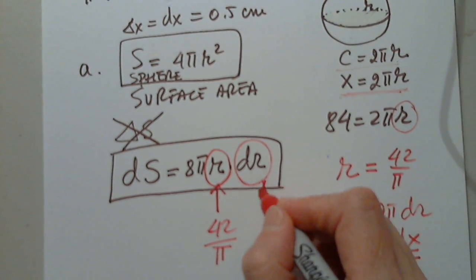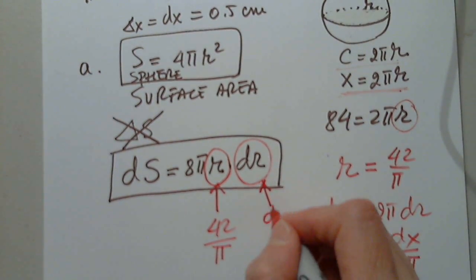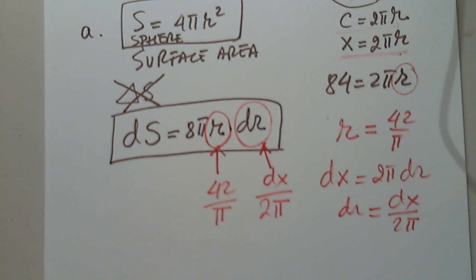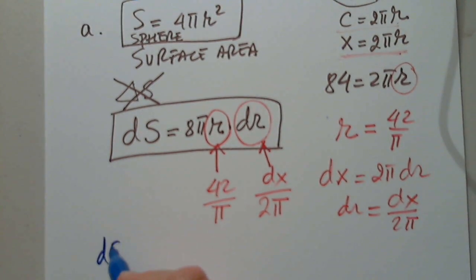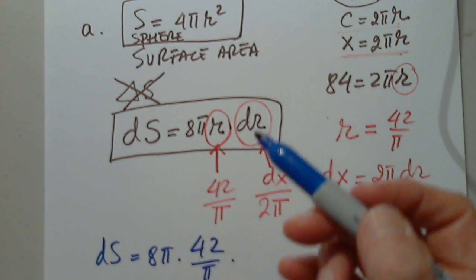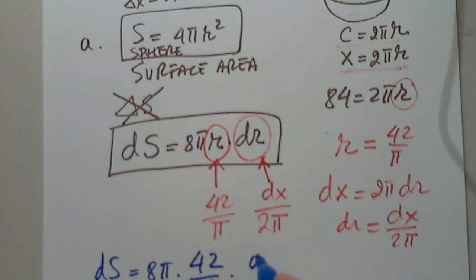Now I have everything. I have all the numbers I need. So then dS equals 8 pi multiplied by 42 over pi multiplied by dx, which I have, 0.5 over 2 pi.